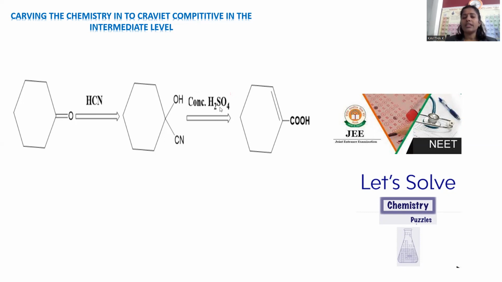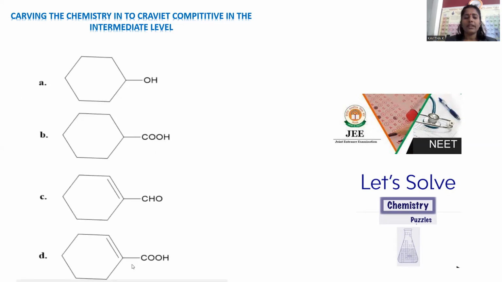Now, when concentrated sulfuric acid is added, one water molecule is eliminated, you will get a double bond, and nitrile is turned into carboxylic acid. This is called cyclohexenoic acid. The IUPAC name of the compound is cyclohexenoic acid, right? So that is option number D. For question number 4, option number D will be the correct answer.